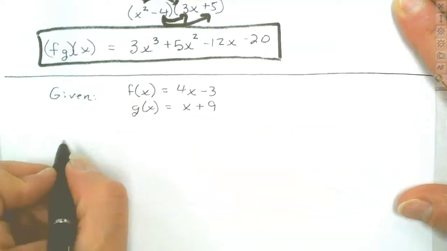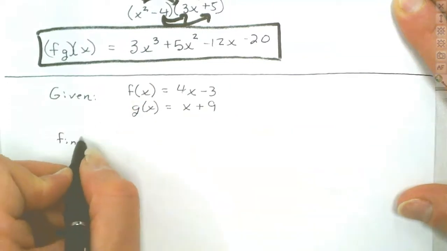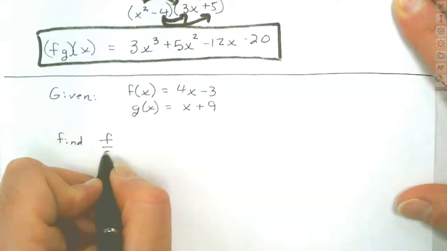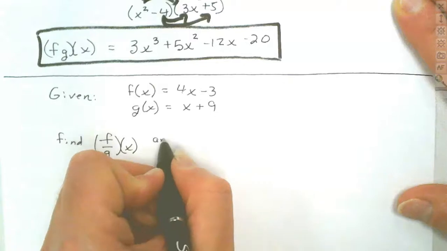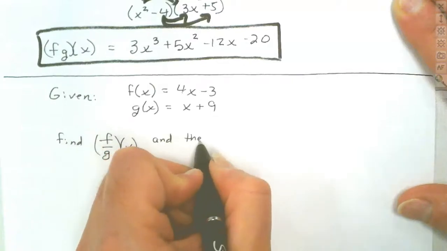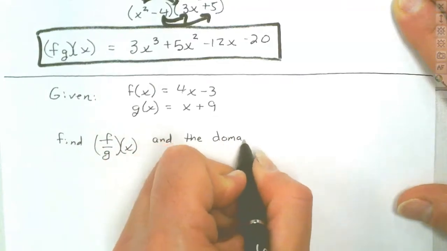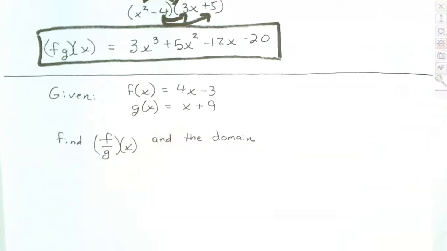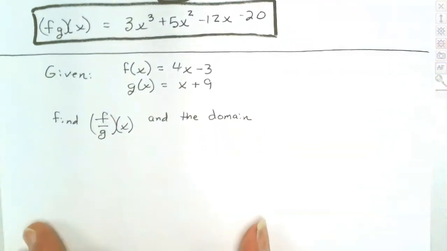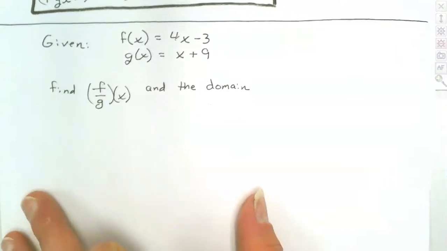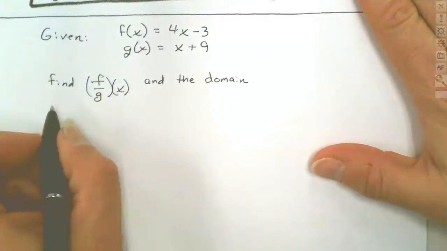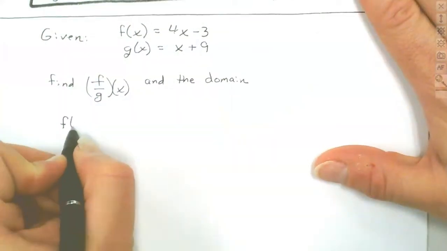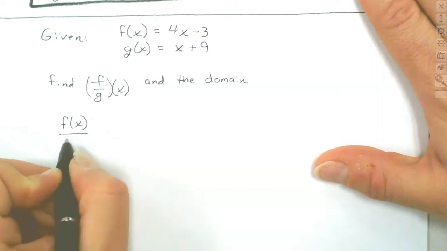And let's go ahead and find f over g of x and the domain. So we want to find our division, and we also want to find our domain. So we want f over g of x, so that is f of x over g of x.